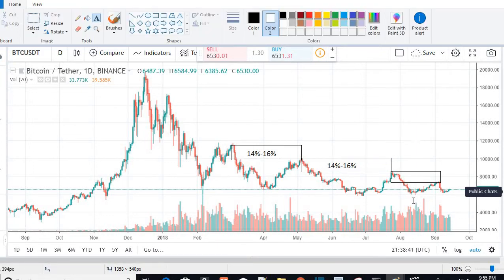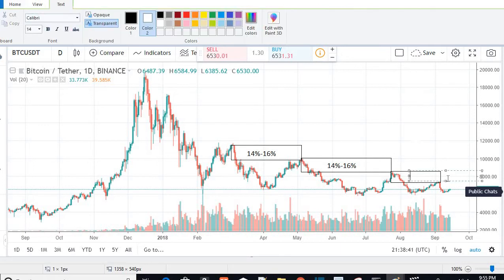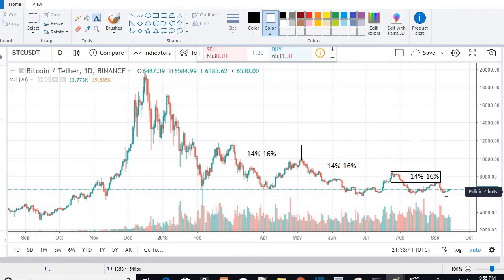And then it bounced down again to the same resistance level, and this next peak, guess what, is also between 14% to 16%. So what do you think will happen on the last? I think this is the last and final bounce.